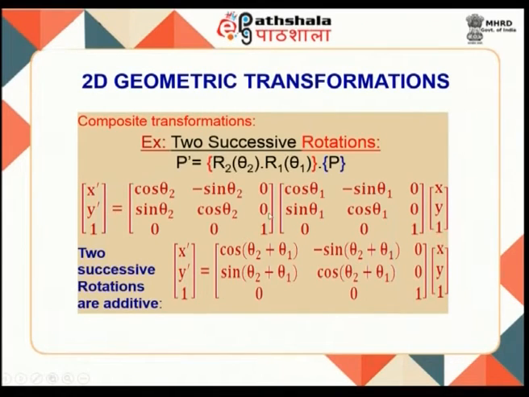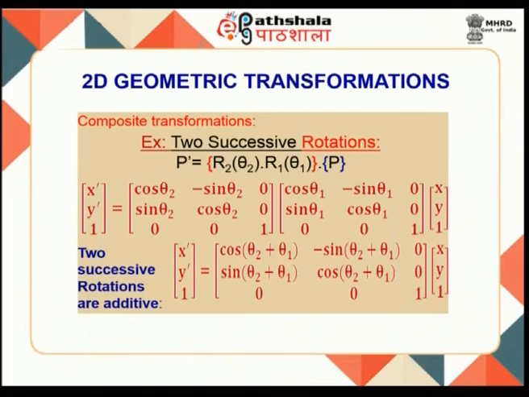When we multiply these two, the resultant is a composite rotation matrix, and if you observe this carefully, the angles are added up here, theta 2 plus theta 1, and so on. So, the resultant composite matrix is additive. We can conclude that two successive rotations are additive.